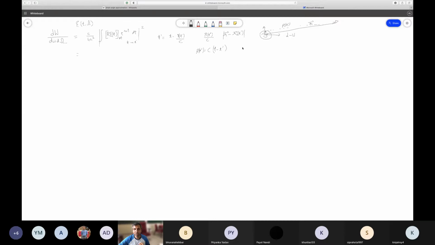Okay, and so anyway, in the end, I don't have my notes here, so I don't want to spend a lot of time on this, but we had converted this integral to something which was given in terms of the retarded time quantity, in terms of t prime.